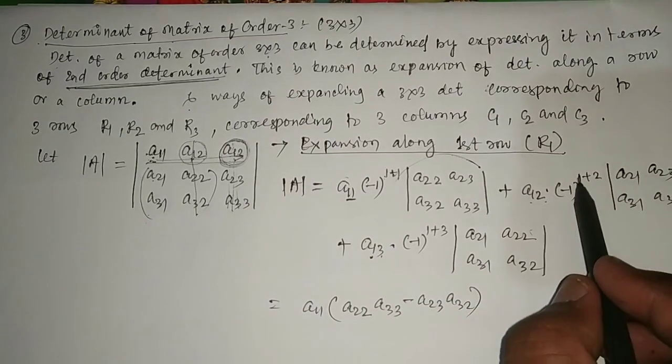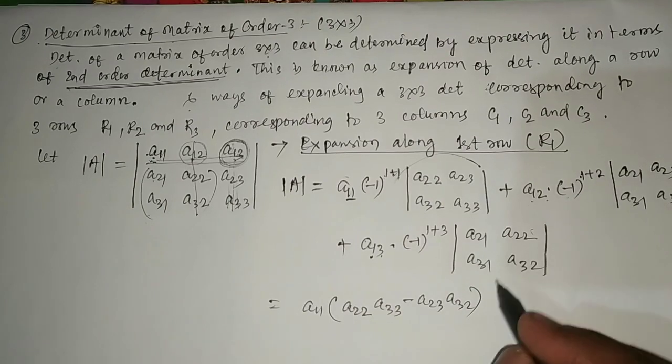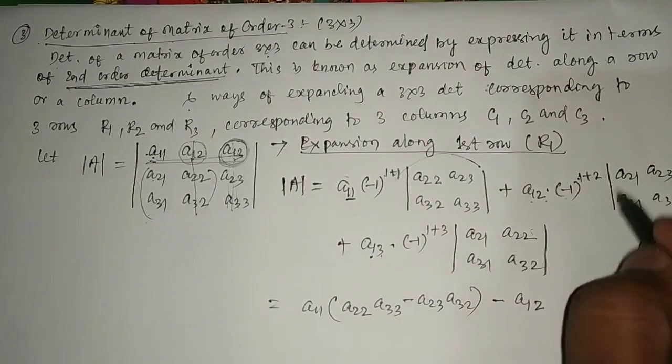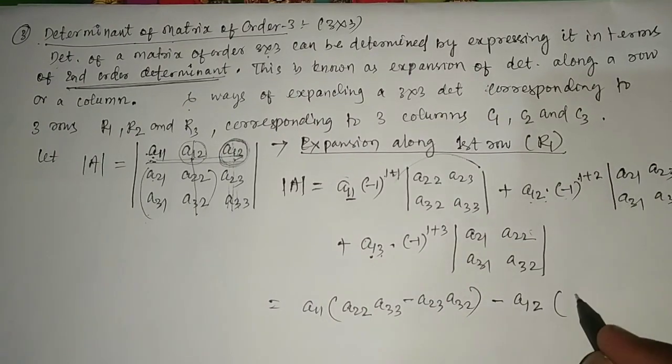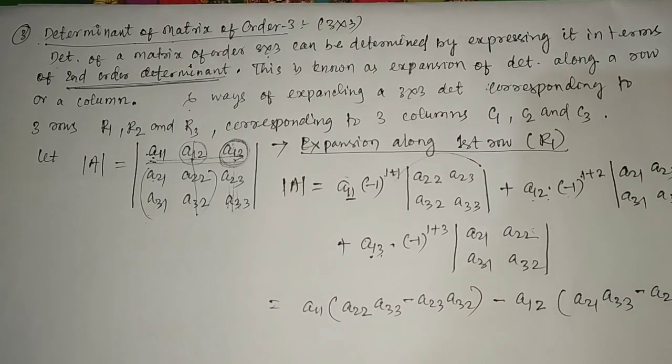Similarly, look here, 1 plus 2 equal to 3, minus 1 to the power 3 is equal to minus 1. So here minus A12 times, expand this 2 cross 2 determinant, A21, A33 minus A23 into A31.